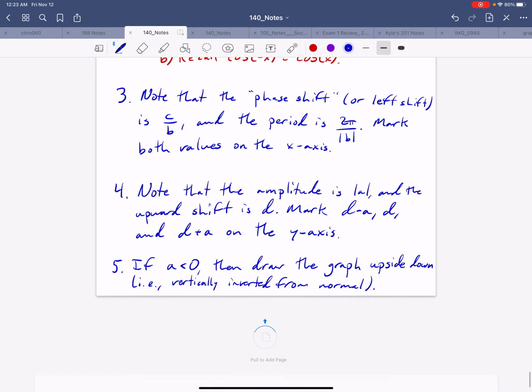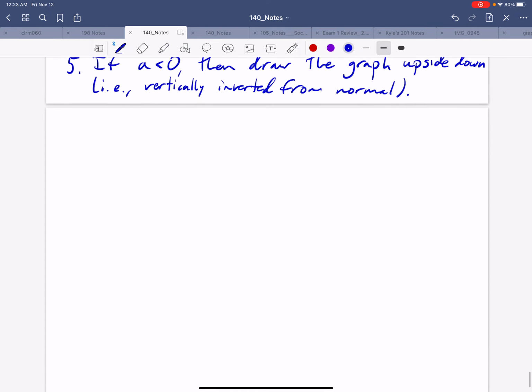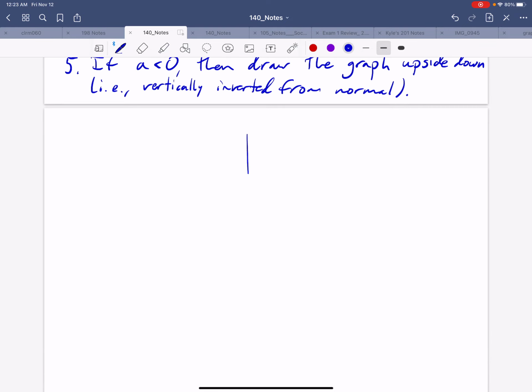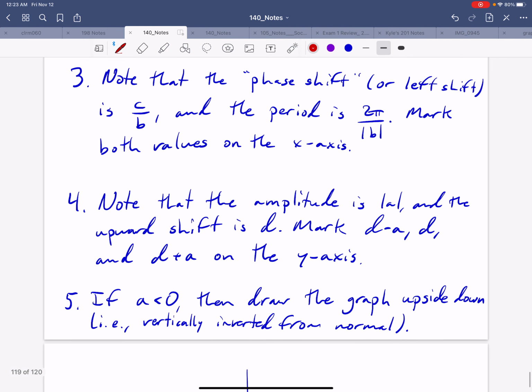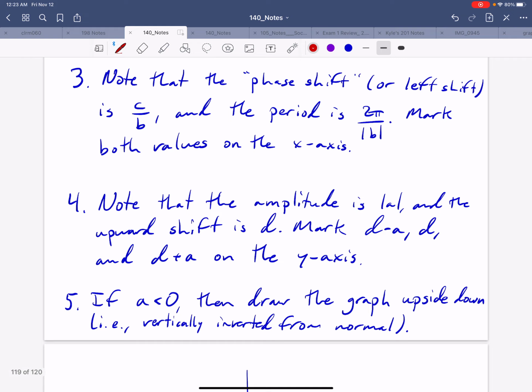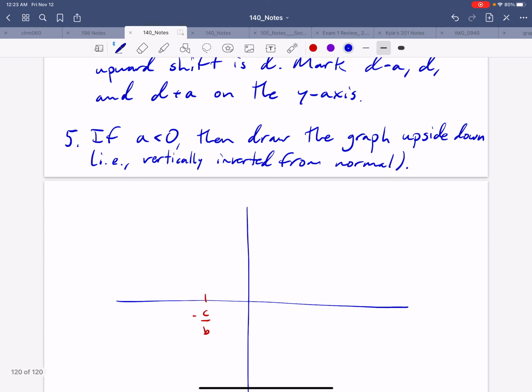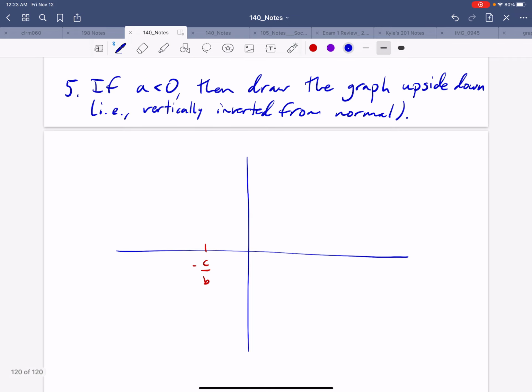So just a quick example, again, very generally here, but if we have an axis here, I might mark down this is negative c over b. Actually, just to be clear, if the leftward shift is c over b, then we're going to mark down negative c over b.